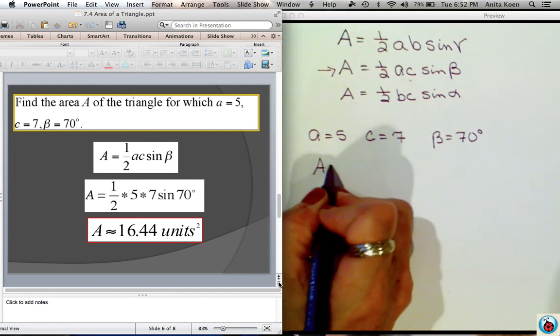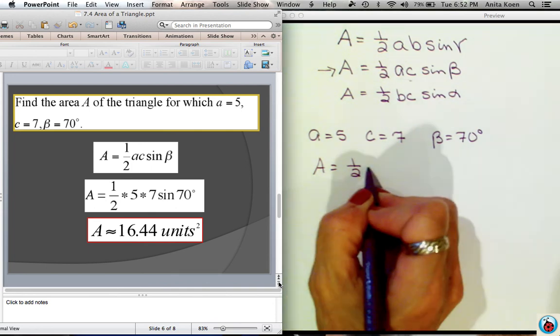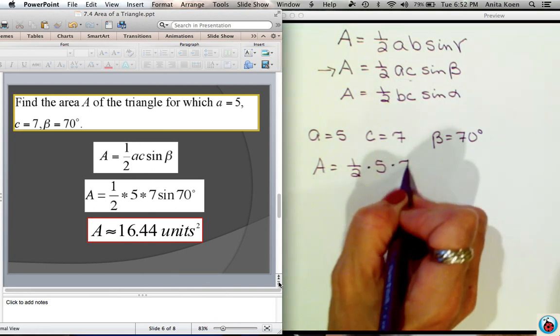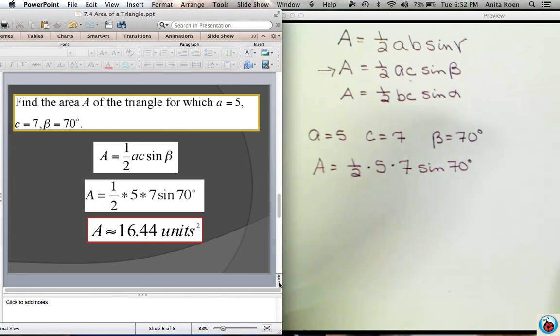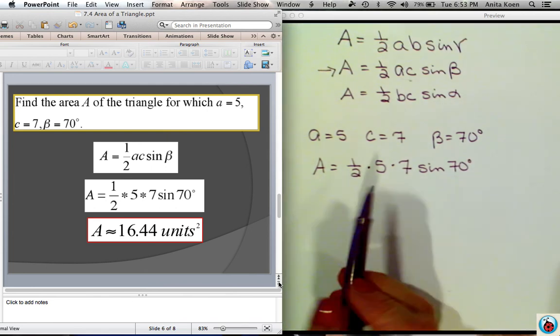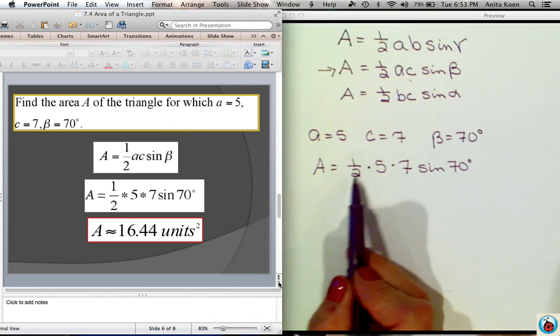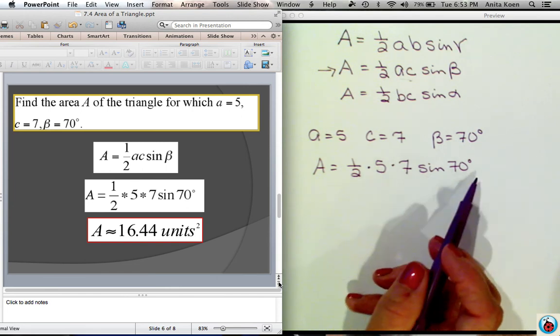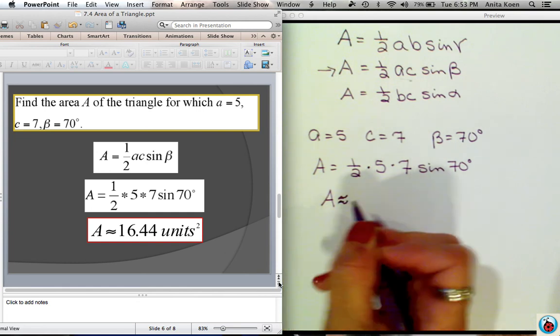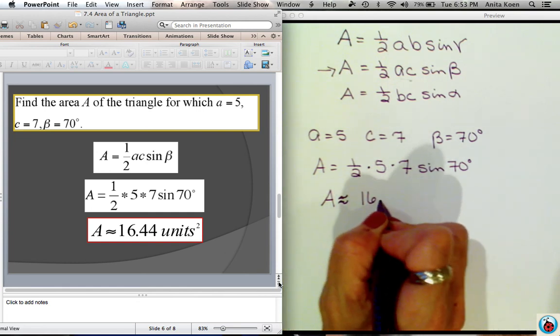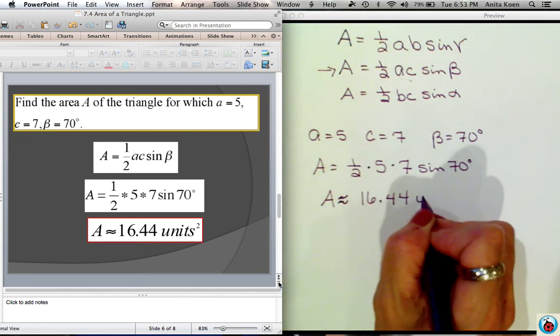So the area of the triangle is equal to 1/2 times 5 times 7 times the sine of 70 degrees. And now all I'm going to do is put that into the calculator, 1/2 times 5 times 7 times the sine of 70, and I'm going to get approximately 16.44 units squared.